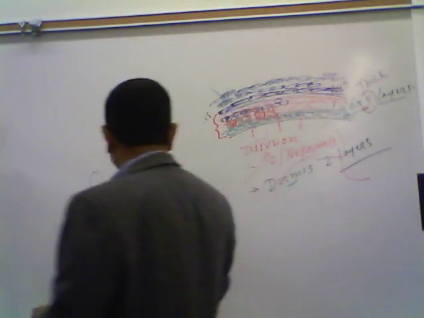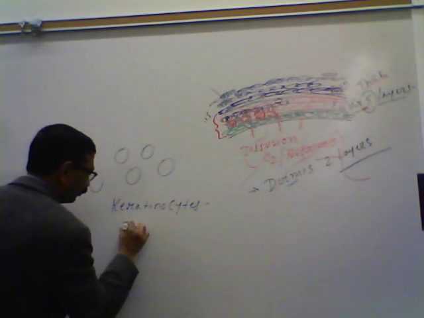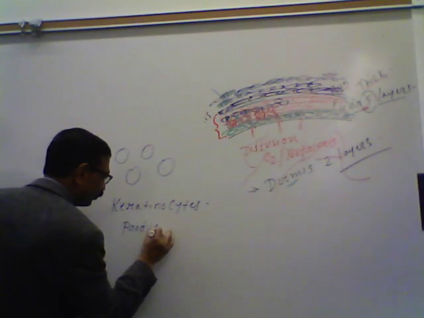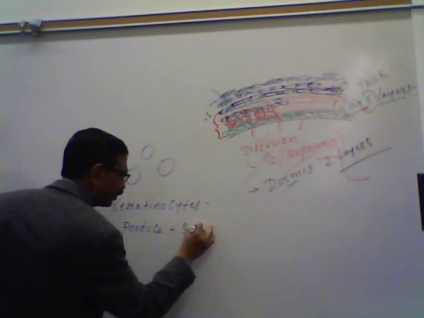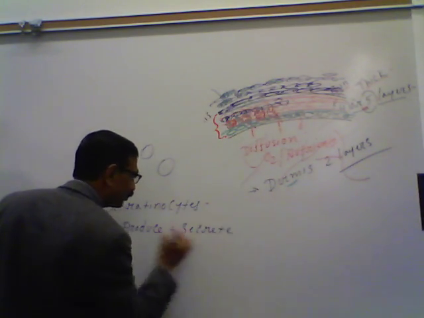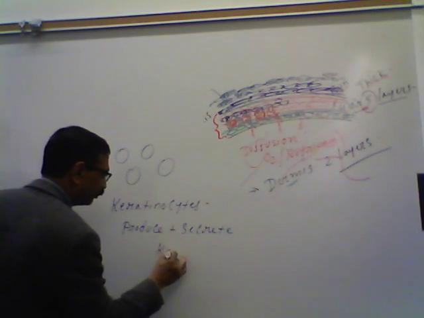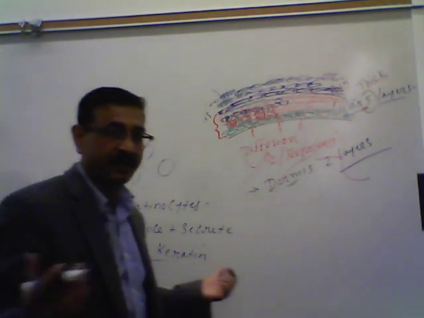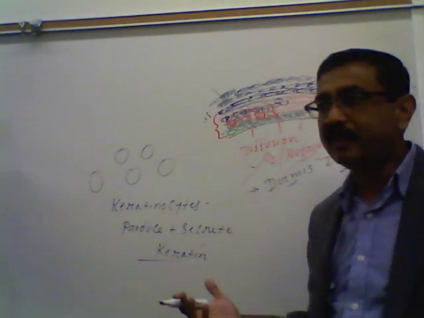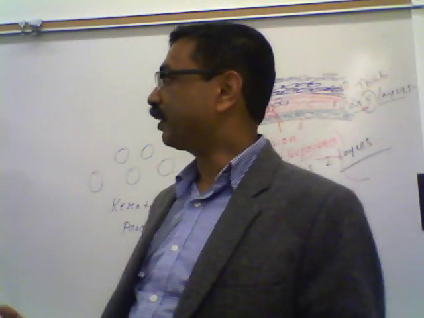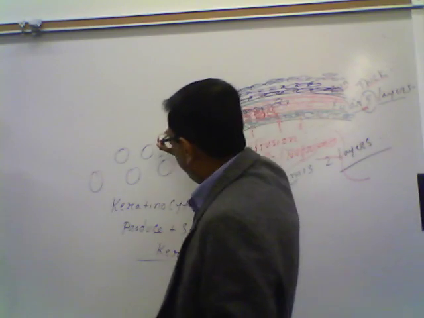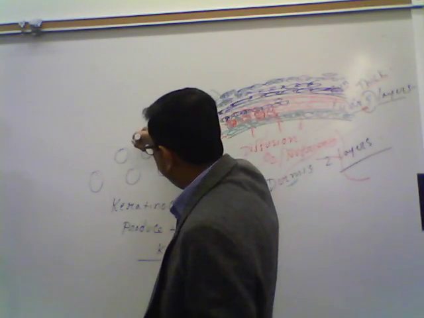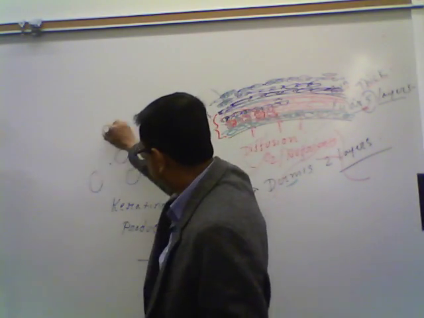Keratinocytes are keratin producing cells. Cytes means cells. So the keratin is produced and secreted by these cells.